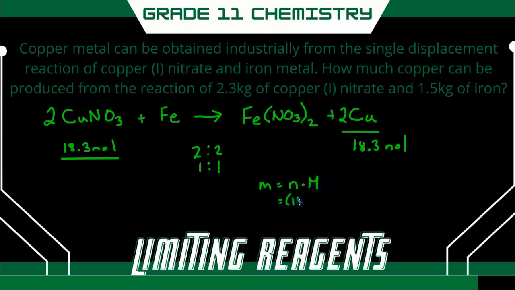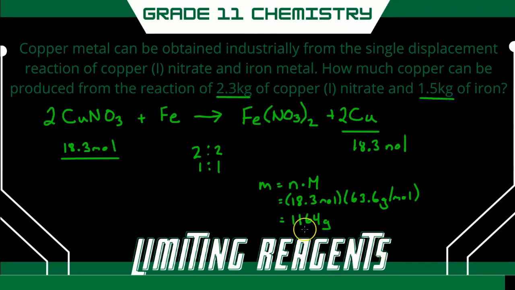So we have 18.3 moles multiplied by the molar mass of copper, which is 63.6 grams per mole from our periodic table, and that gives us a mass of 1164 grams, or keeping to our two significant digits, I'll round that out to 1.2 kilograms of copper.